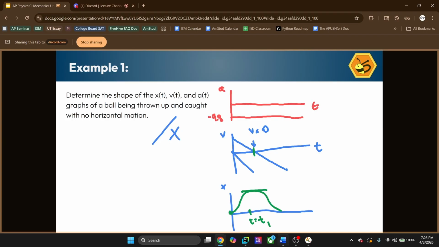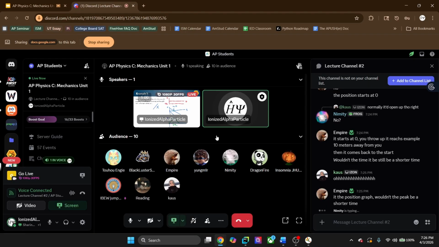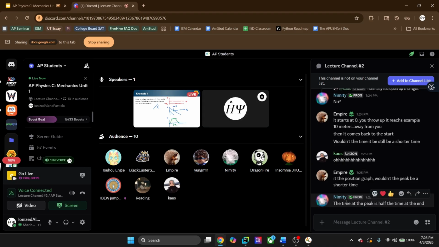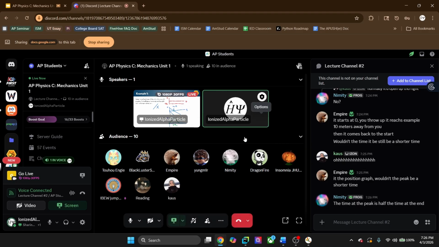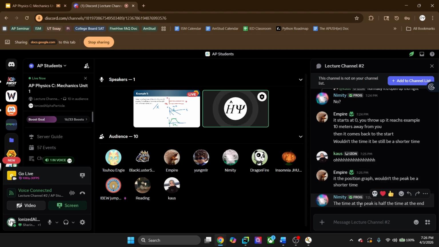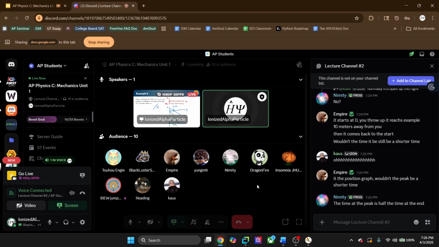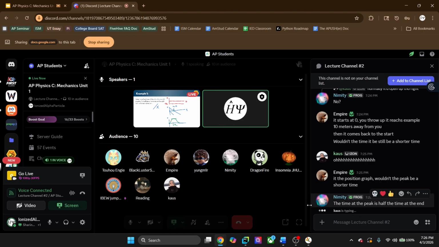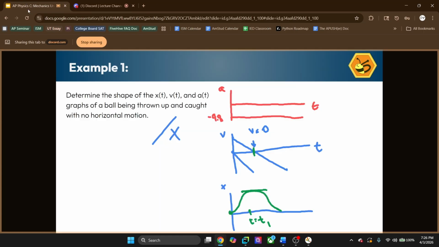That's why I said at t equals t1 it's at the peak, and at t equals t1 the velocity is 0, because I realized my graph was a pretty bad graph. The time at the peak is half the time at the end. Yeah, that's true. That's a nice observation. That'll actually be used later on in the course as well. A lot of the questions they ask you will look like that.